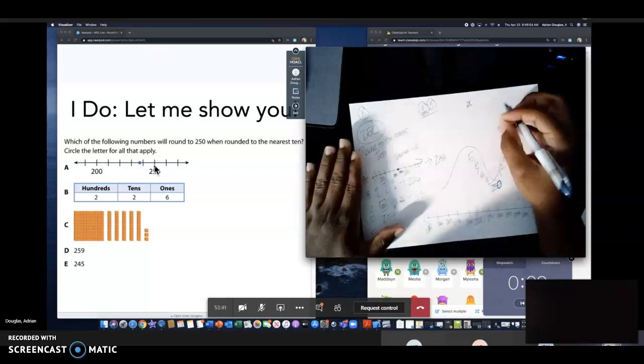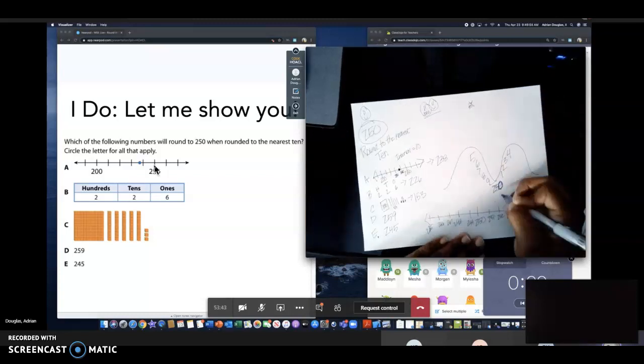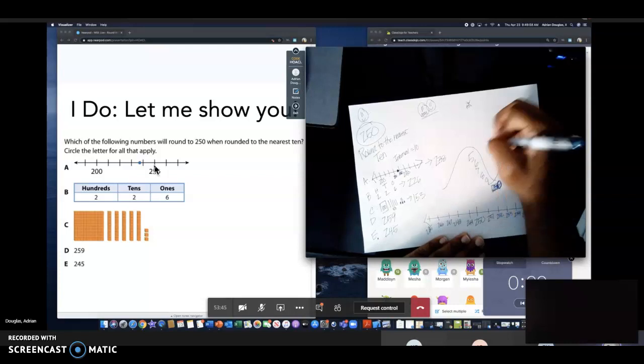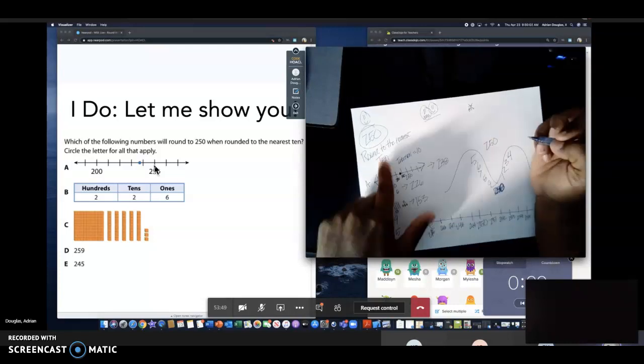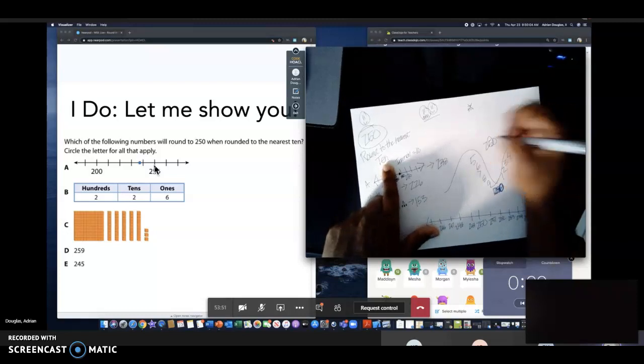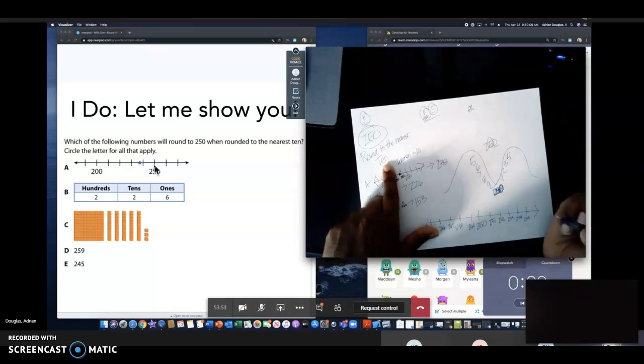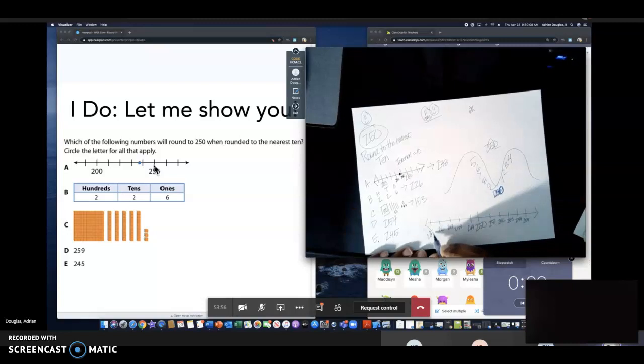We're trying to find the number that rounds to 250, and we're rounding to the nearest 10. So I need to circle the 10s place and underline the 1s place. I'm looking for numbers that have 5, 6, 7, 8, and 9 in the 1s place to round up, but they have to have 4 in the 10s place.